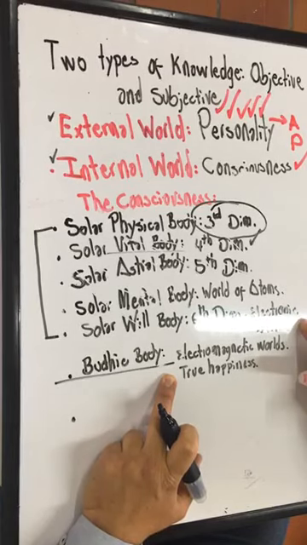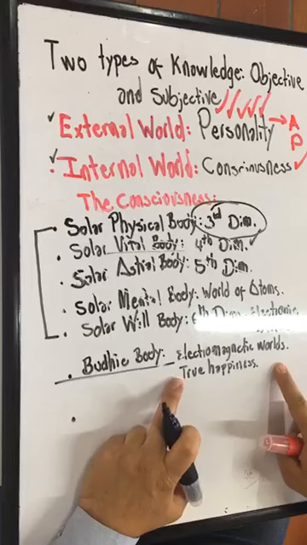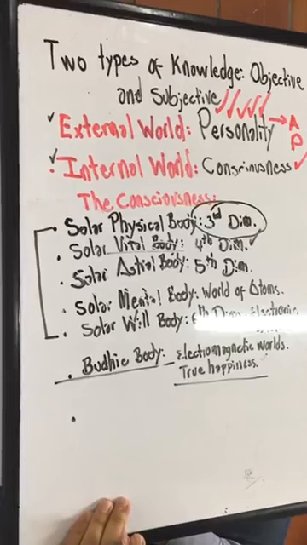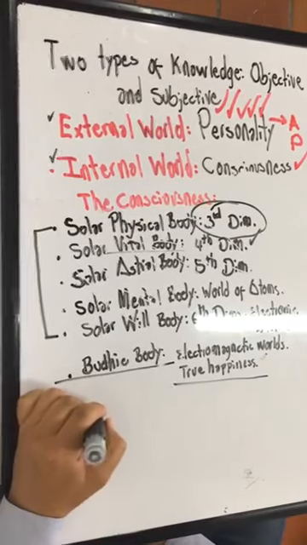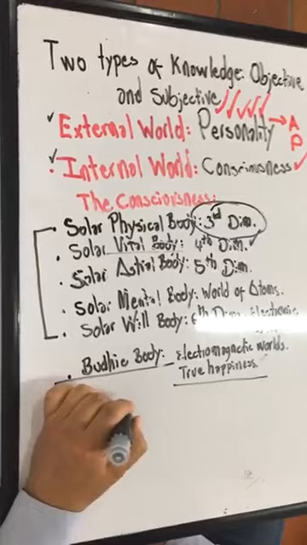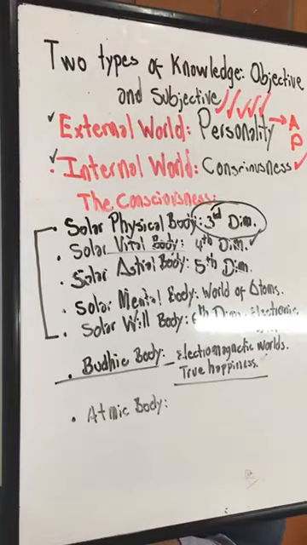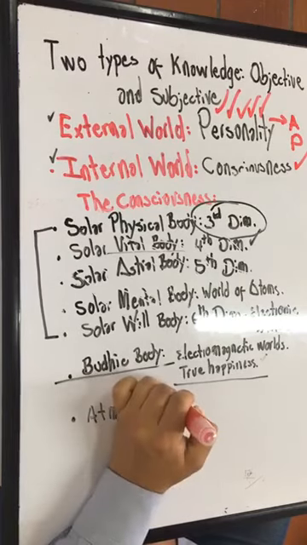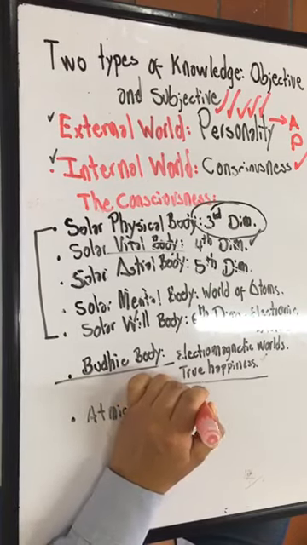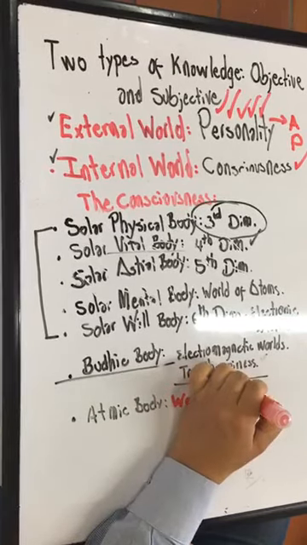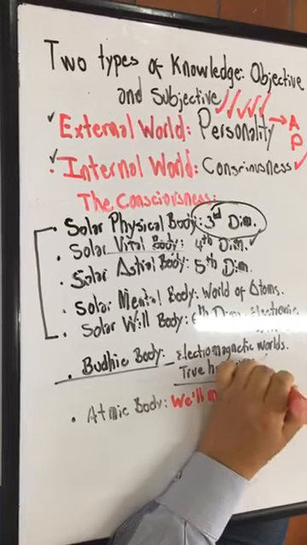The electronic world and the electromagnetic world. Here it's possible to feel what true happiness is. Next one, atomic body is already created as well. Atomic body. We will merge into the ocean of light.